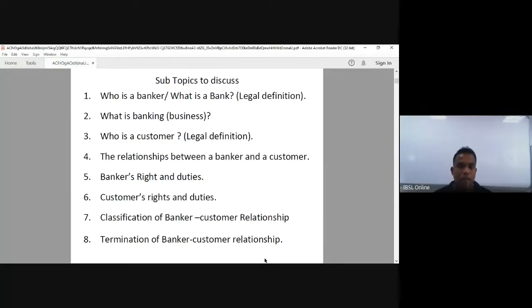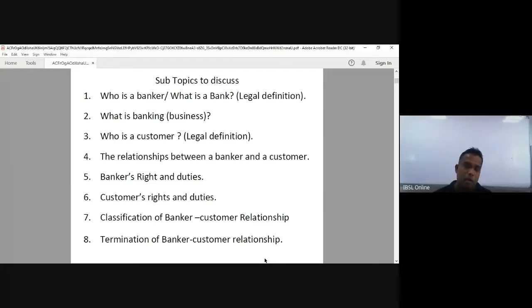Thereafter we are going to discuss the different types of relationship between bank and the customer. That is under classification of banker customer relationship. You may understand when we discuss this, between the banker and customer there can be several different types of relationship.